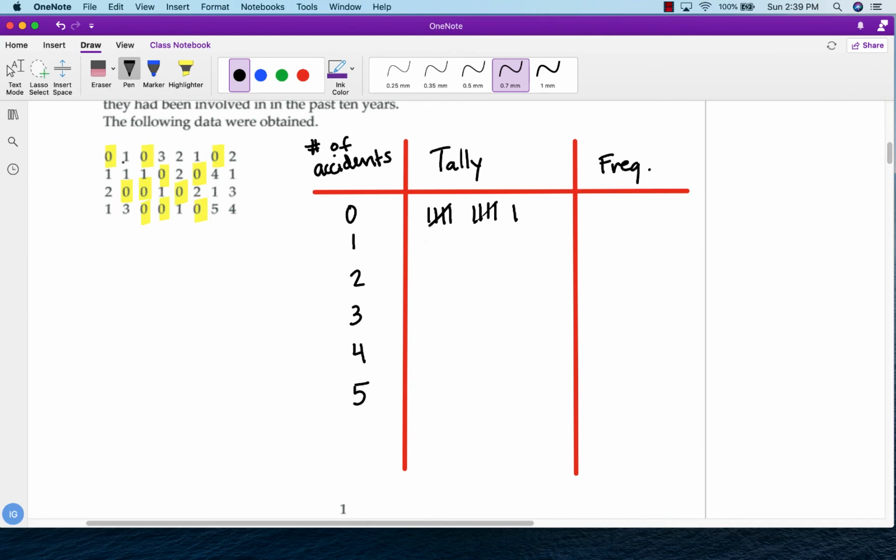Okay, and then here I have 1, and or you can go like this in order: 3, 2, 1. So I'll let you guys finish this. I want you guys to pause the video and then finish counting how many accidents of each one, and then check your answer with me. Okay, so pause the video. I'm gonna pause it too, and then you guys can check your final answer.